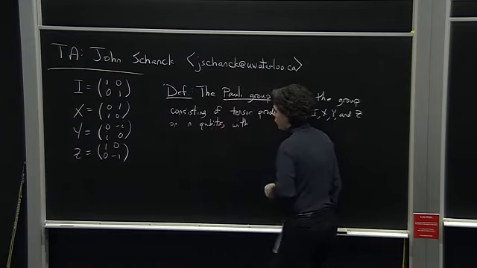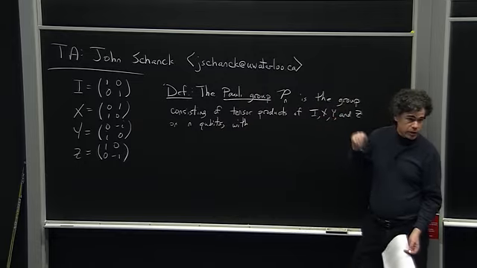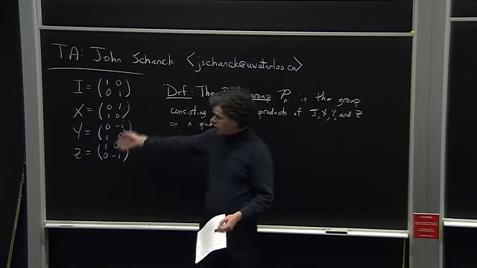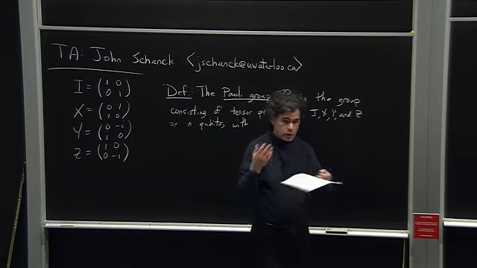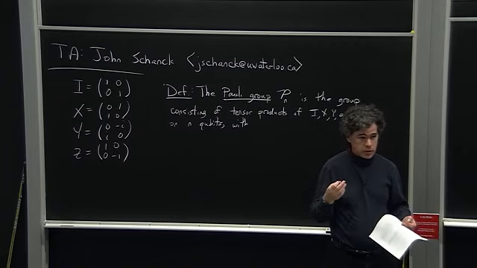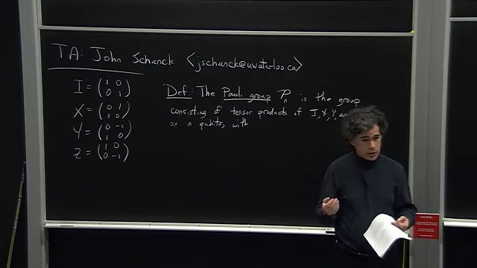And a group is supposed to be closed under multiplication, right? So certainly tensor factors of I, X, Y, and Z are one set of things, but they can't be the whole group. Because, for instance, if you take XZ, that's equal to minus ZX.